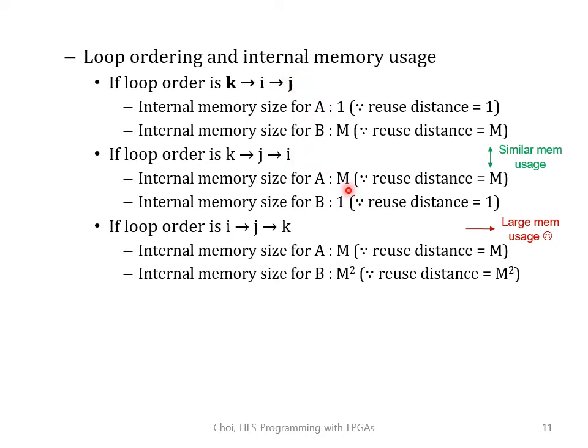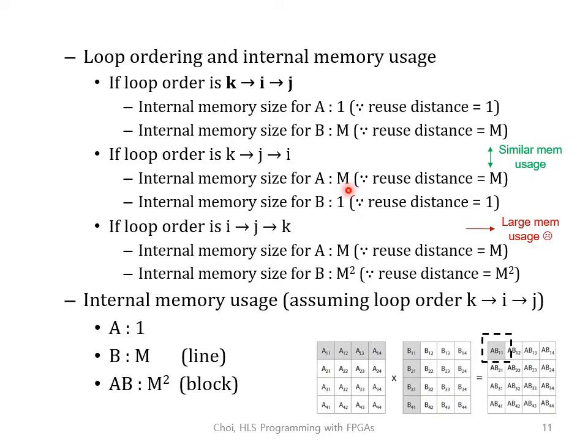All right, so let's summarize the internal memory usage, assuming that the loop ordering is KIJ. We need a single register for A and a memory of size M for B. This means that we are storing a line of B, right? For AB, we need to store a block of M squared because of the loop ordering among the blocks.